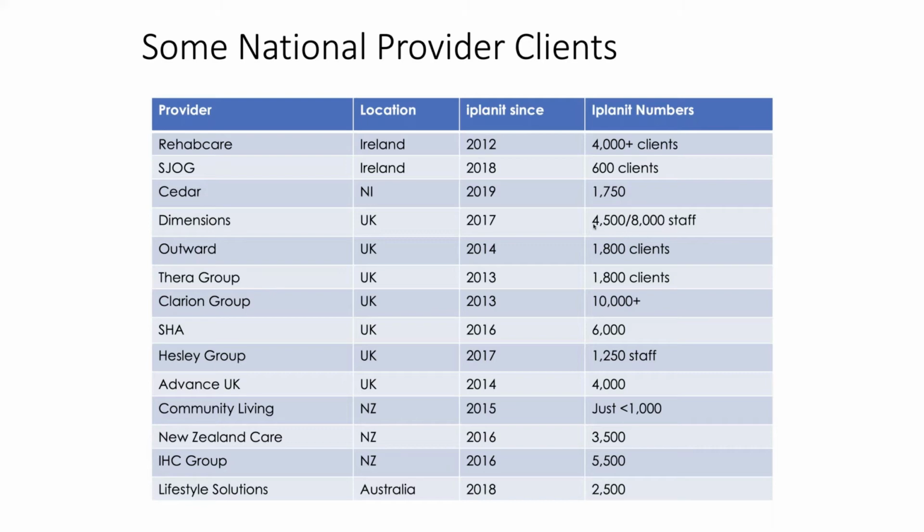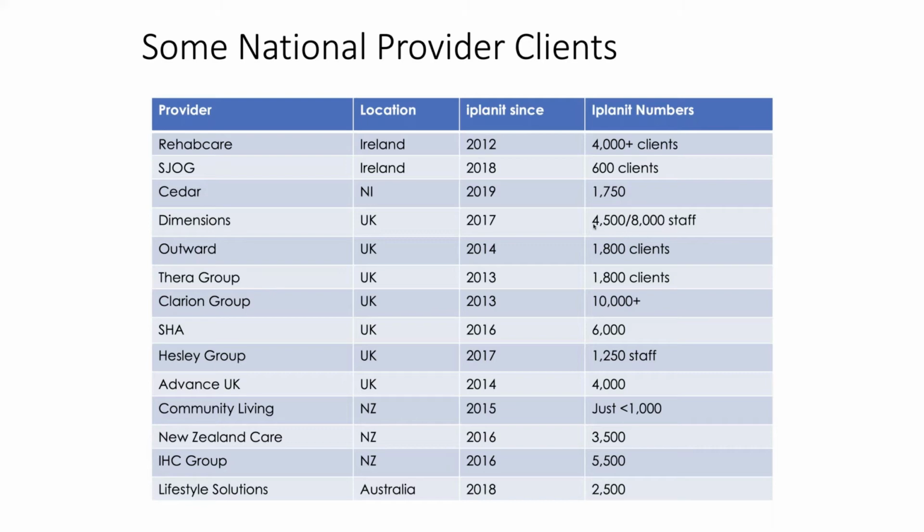So, for example, Rehab and Dimensions, these are very, very large organizations. The Clarion Group, these are large organizations who support a lot of people, but they've configured their iPlanet to reflect how they work, and the staff are successfully using that to support people with their outcomes. Now, that's not to say all of our clients are large clients like these. They're not.